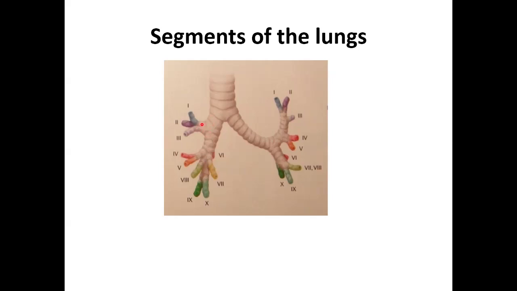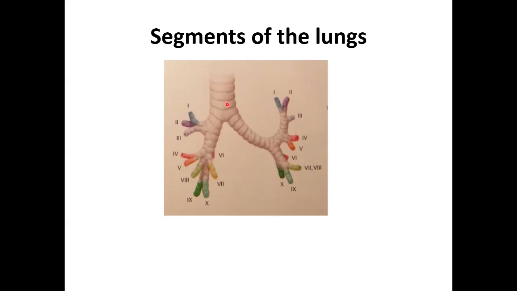So this is right lobar, right superior lobar bronchus. This is right inferior lobar bronchus. And this small is right medium lobar bronchus.